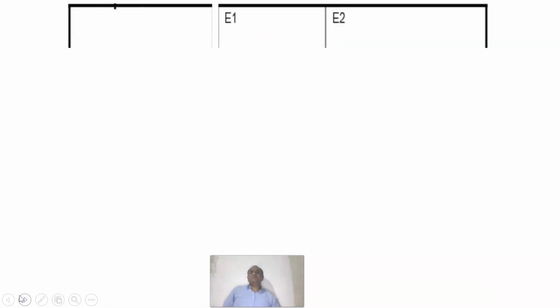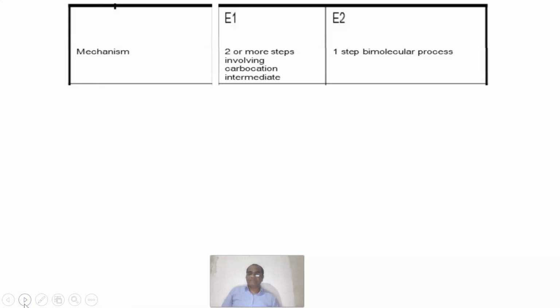Now we'll see some distinguishing points between E1 and E2. It is like a summary. First, the mechanism we have seen.